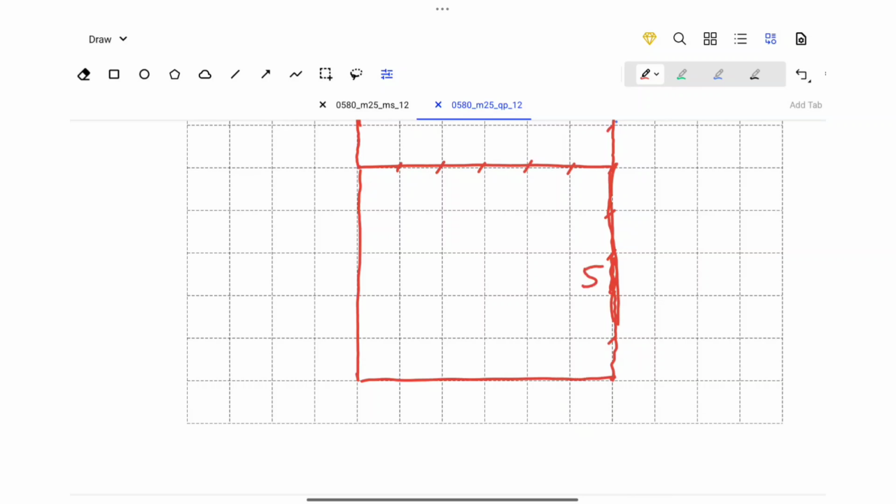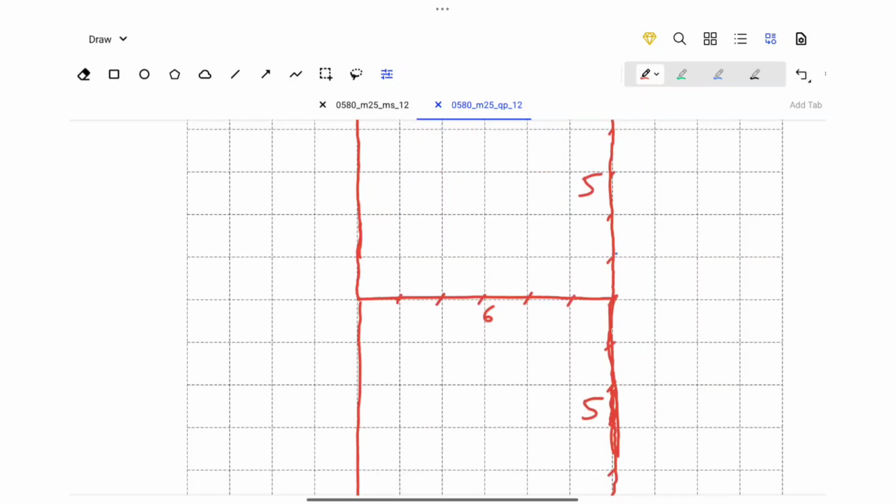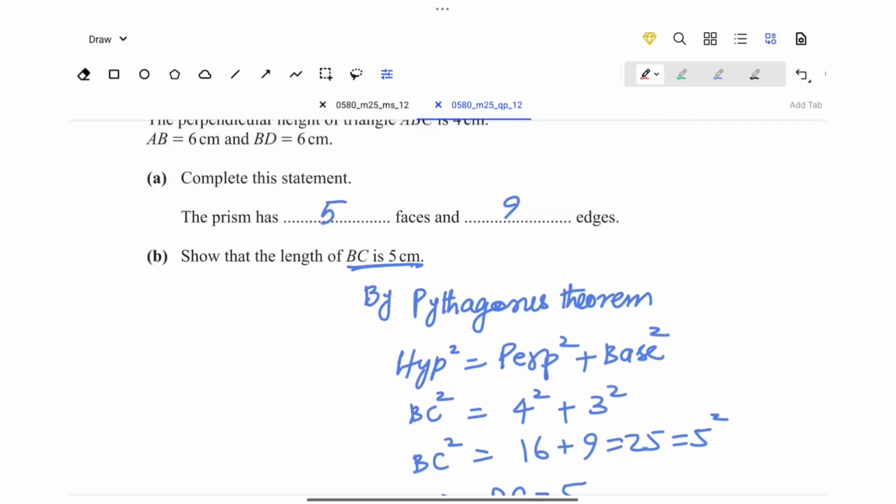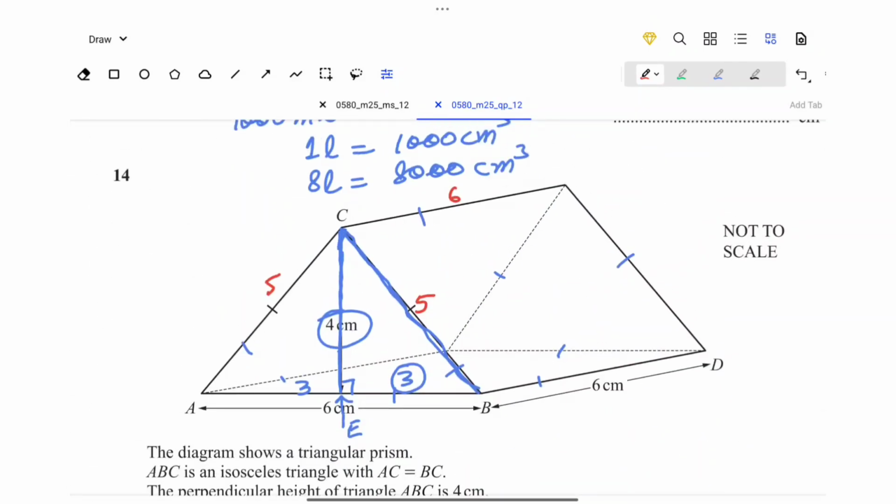This is 5, this is 6. So two rectangles and one square are here. Two rectangles which are sides, and the square base is also drawn. So three faces are drawn. Two triangular faces are left.